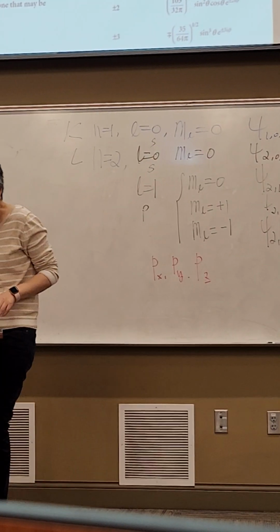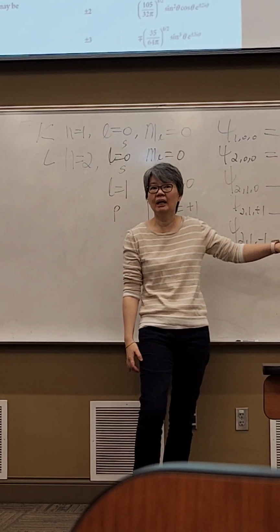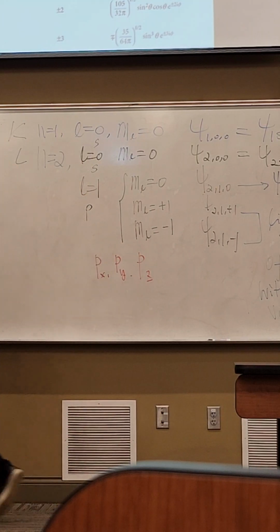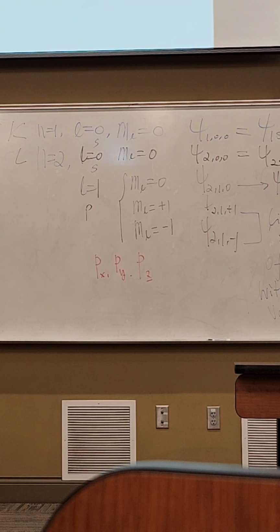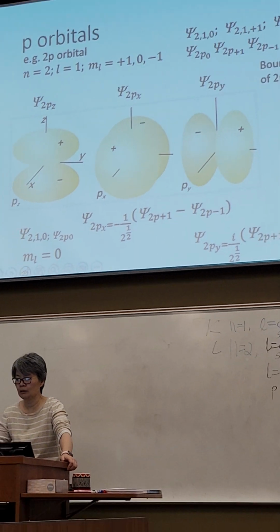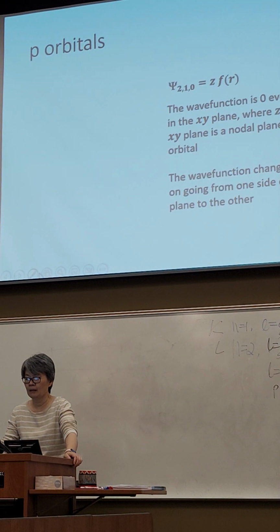Do you guys want to try one of the linear combinations to see if I have something like this? Yes? Sure. All right. So I just showed you mathematically how the 2pz orbital is represented.